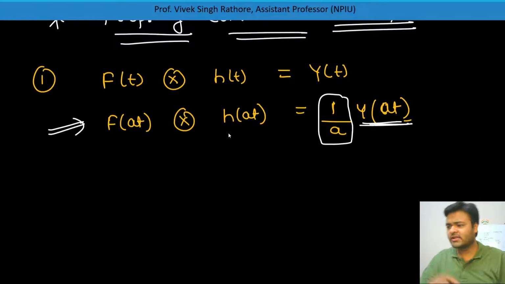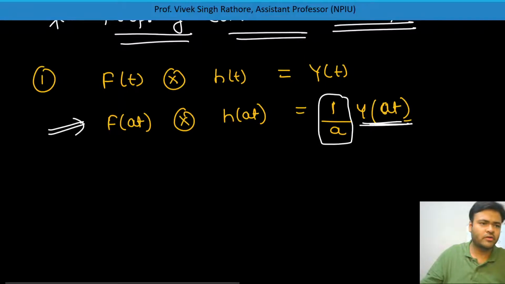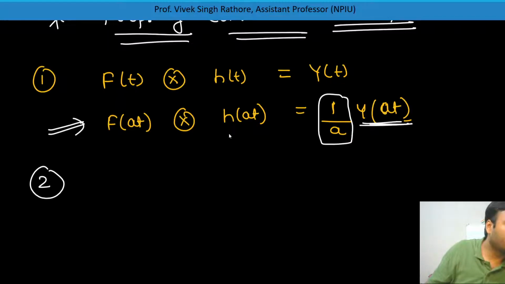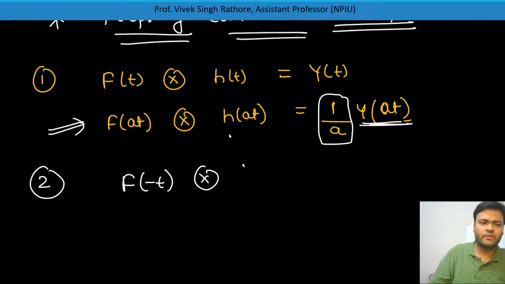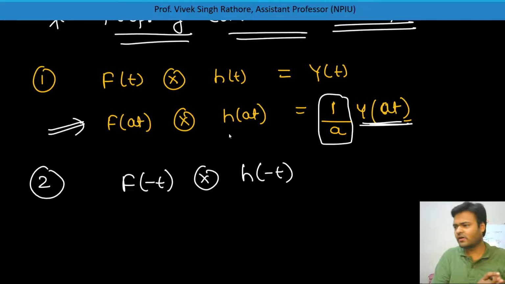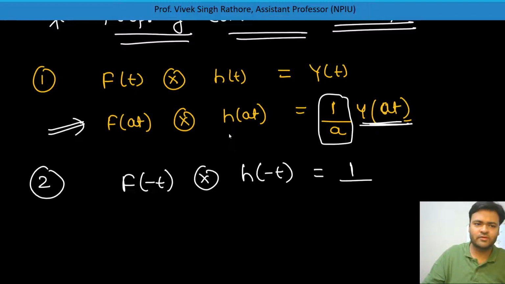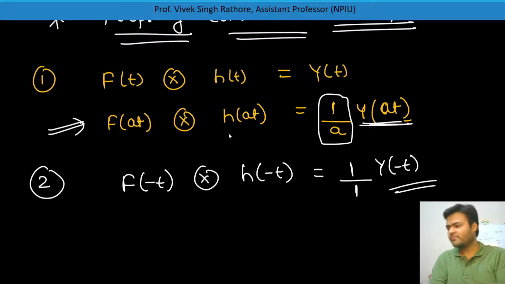And this applies for the reversal property also. The second property we can write here: f of minus t is convolved with h of minus t. Whatever f of t and h of t are, if you reverse them, you'll get the output with scaling factor 1, so y of minus t. This applies for time reversal also.